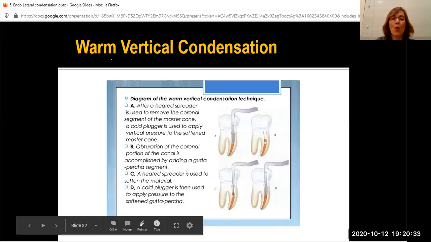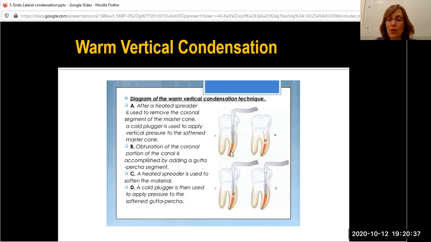So this is warm vertical condensation. So you have your master cone. You have achieved working length, and you have removed, this is a lot. You normally remove at least up to a third, and the remaining master cone stays in place.